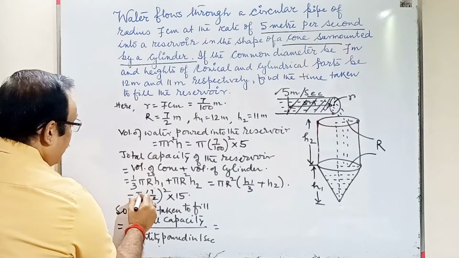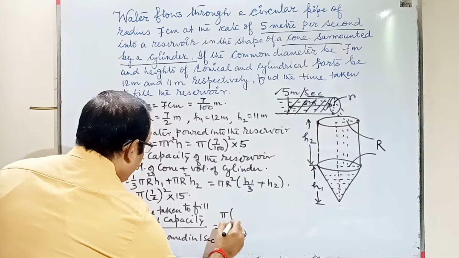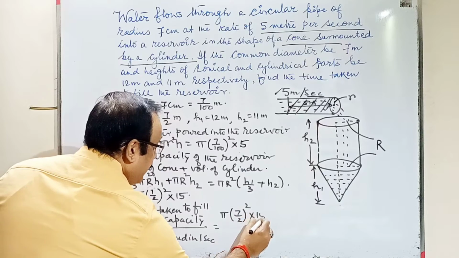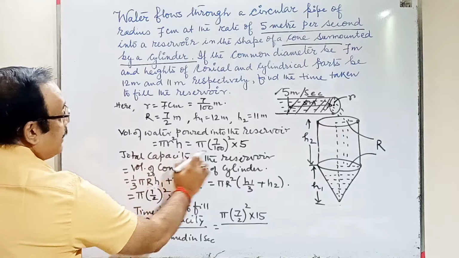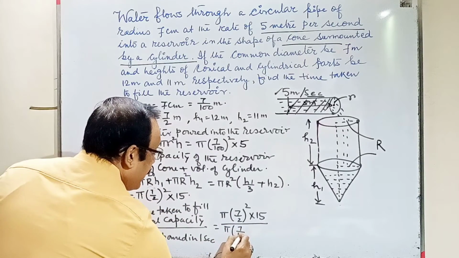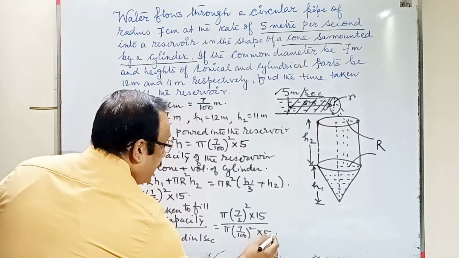Total capacity is this one, pi 7 by 2 square into 15, and quantity poured in 1 second is this one, pi 7 by 100 square into 5.